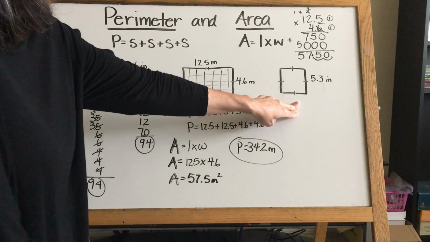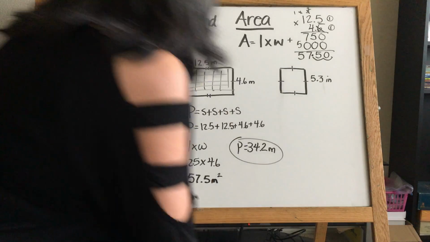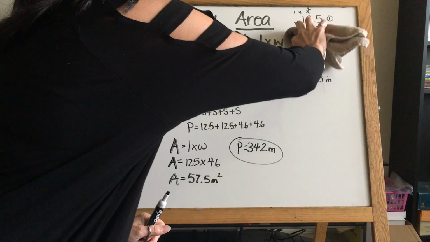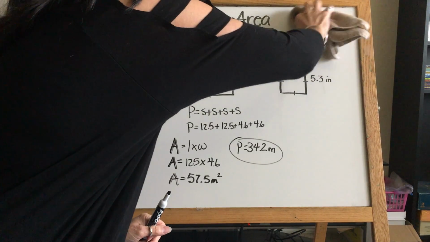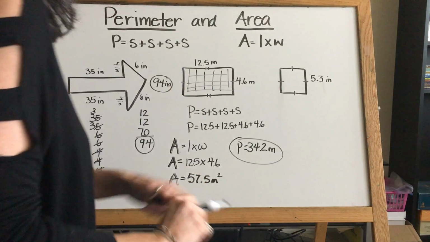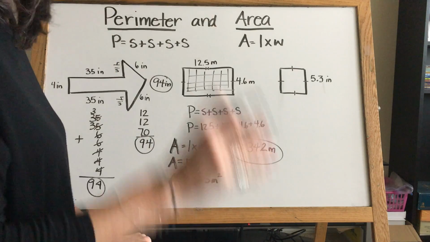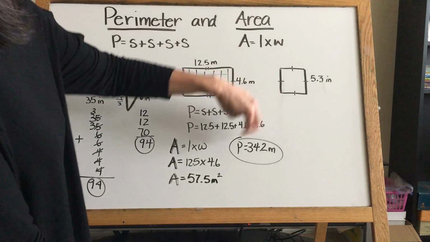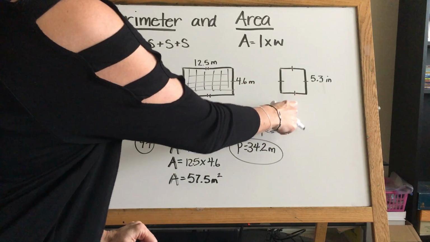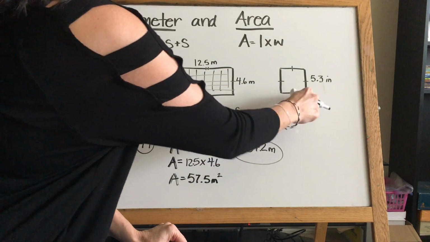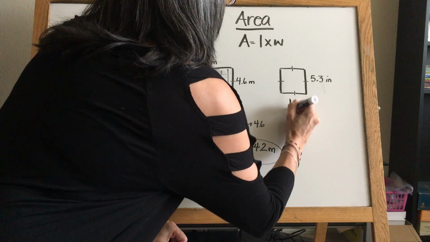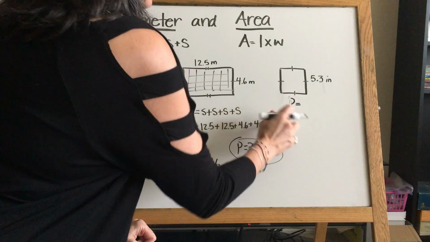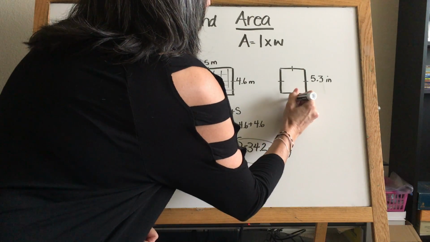Okay, so now I'm looking at this figure. Well, what am I looking at? Why do I have 4 little hash marks on this? What does that tell me about this figure? So if you think back to when we learned this, that tells me all 4 sides are congruent, which means this is a square. So that's going to make things a little bit easier formula-wise, because if we're finding the perimeter of a square, if we're finding the distance around, we don't really have to do s times s times s times s, because our sides are all what?